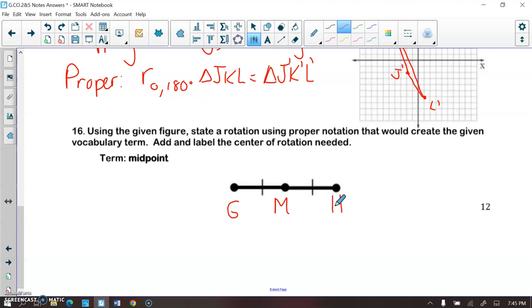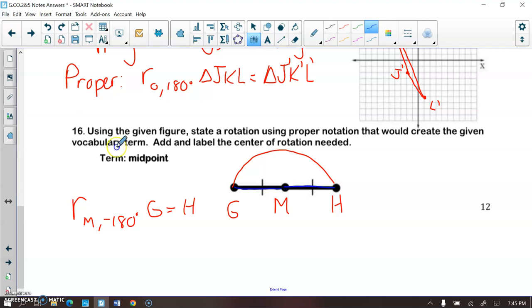using rotation rules. So basically, if I rotate G 180 degrees, actually that would be clockwise, so we're going to do negative 180 degrees about point M. That would give me point H, because G is the same distance away from M as H is.